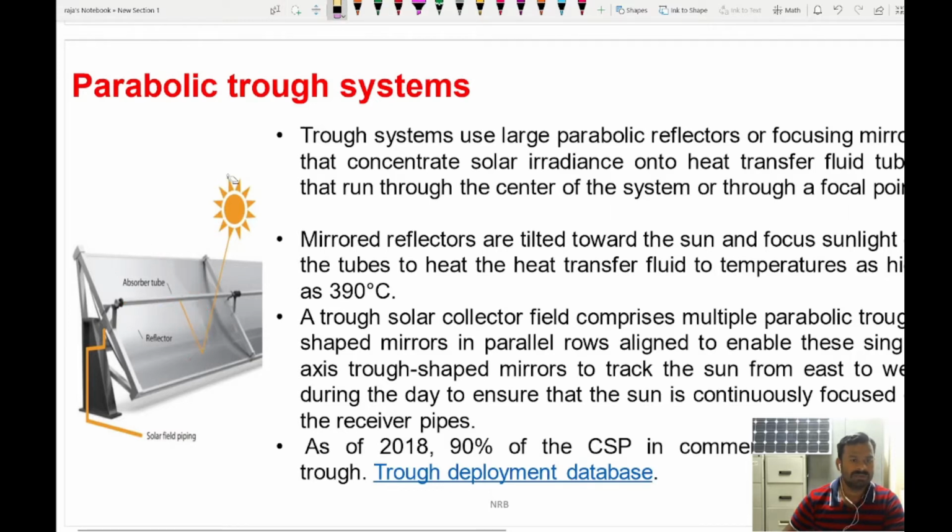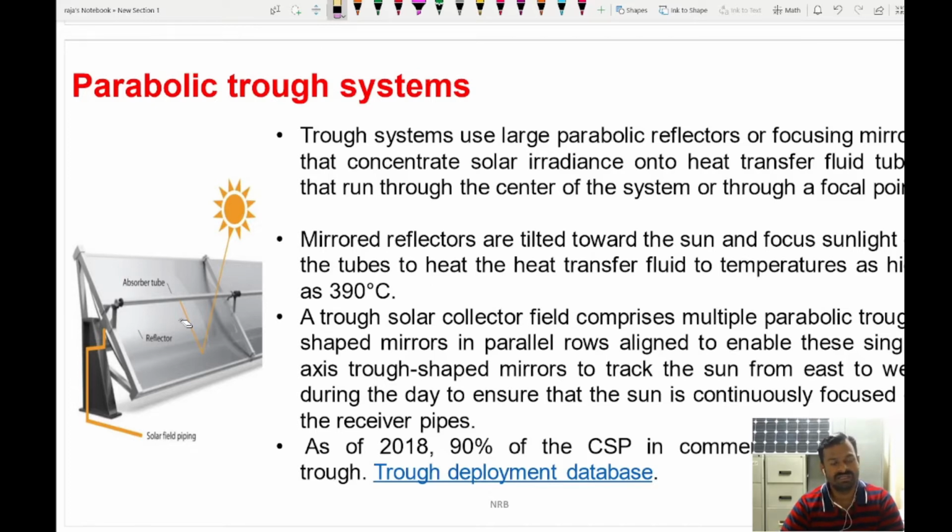This parabolic trough system has parabolic reflectors or focusing mirrors, and we have a heat transfer fluid which is passing through the pipe, which is placed on the reflector in such a way that the heat reflected from the reflector or the focusing mirror falls exactly on this tube, and the tube absorbs the heat, and because of that the heat is transferred to the heat transfer fluid, and the temperature in this heat transfer fluid rises almost up to 400 degrees Celsius.